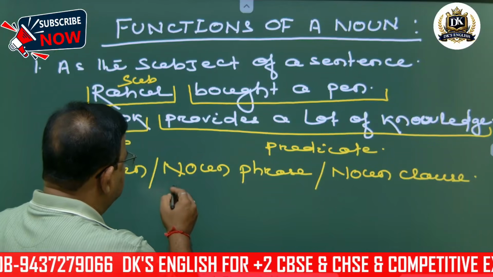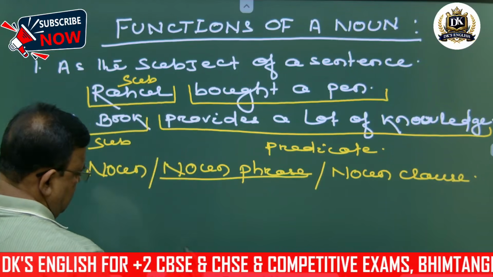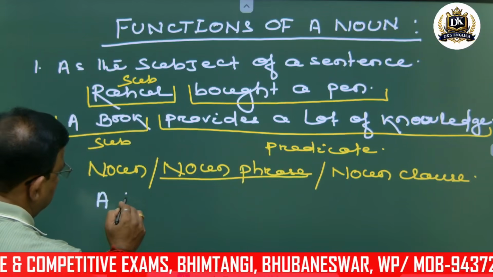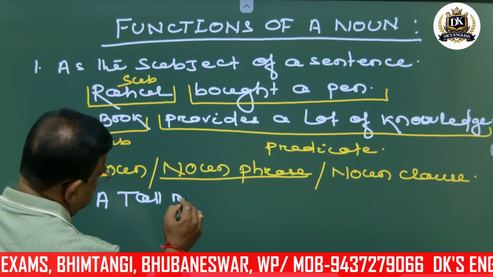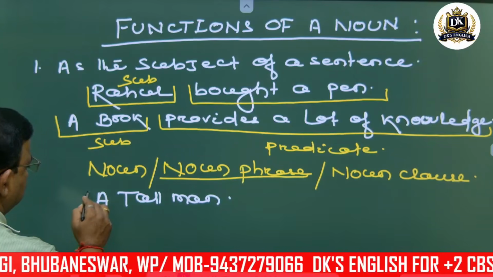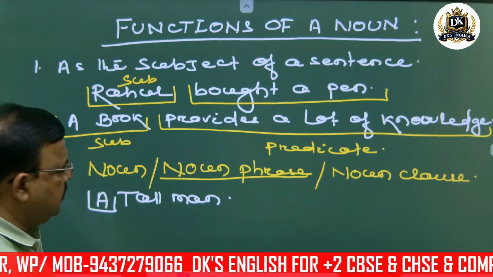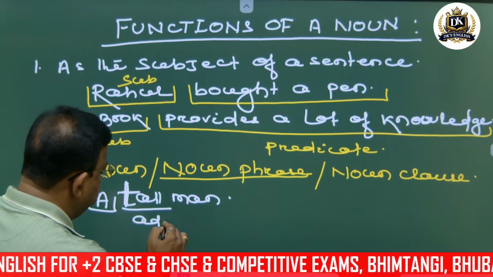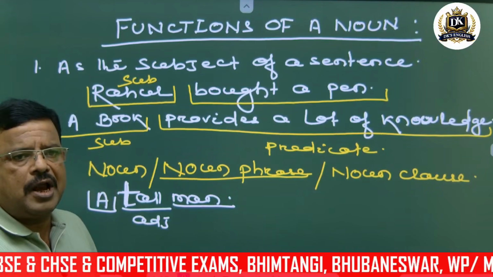A tall man. So "a" is an article, a determiner. Here "tall" is your adjective. But the head word is your noun.